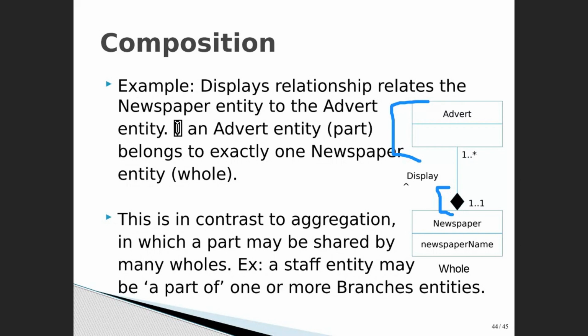Why do we decide it's composition, not aggregation, not just a normal has a relationship between them? Because without the newspaper, there will be no advert, so there is a strong ownership between these two entities.